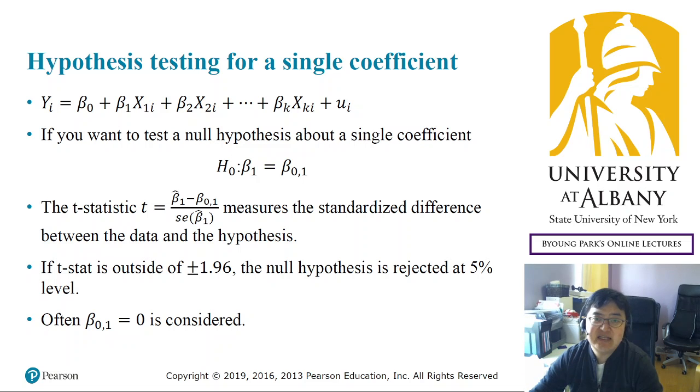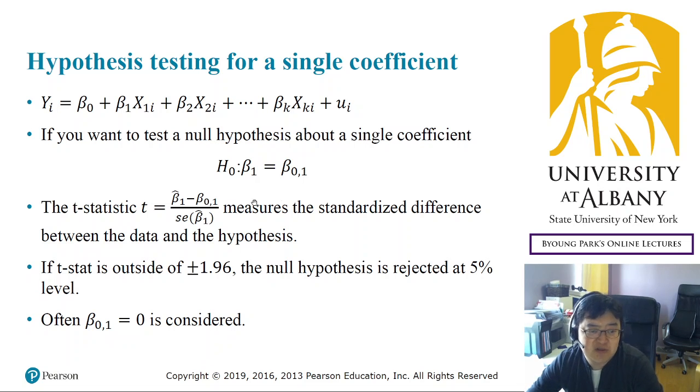We measure the difference by a t-statistic. The t-statistic is defined as the estimate, which is from the data, minus beta 1,0, which is from your hypothesis, so it captures how different they are. But it is also standardized by the standard error, because the estimator may have some error, so you have to capture the relative size of the difference considering the potential error.